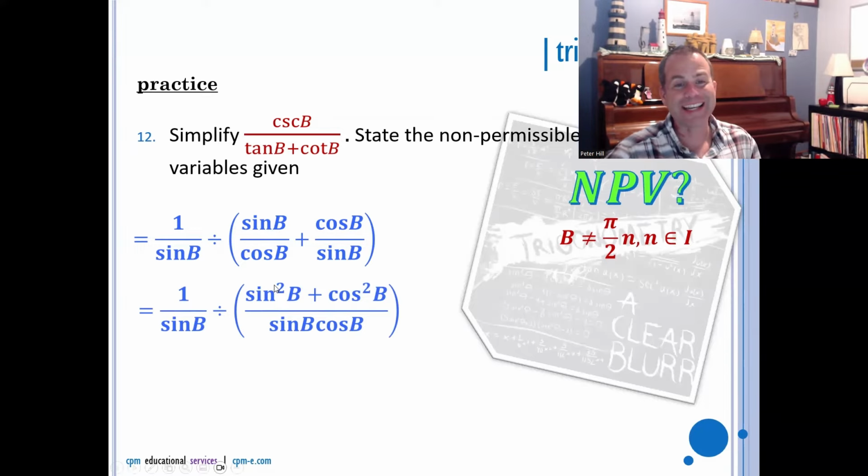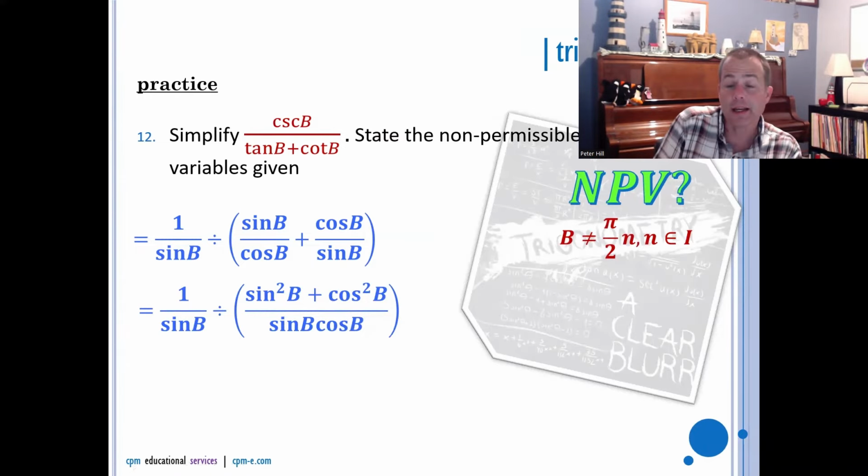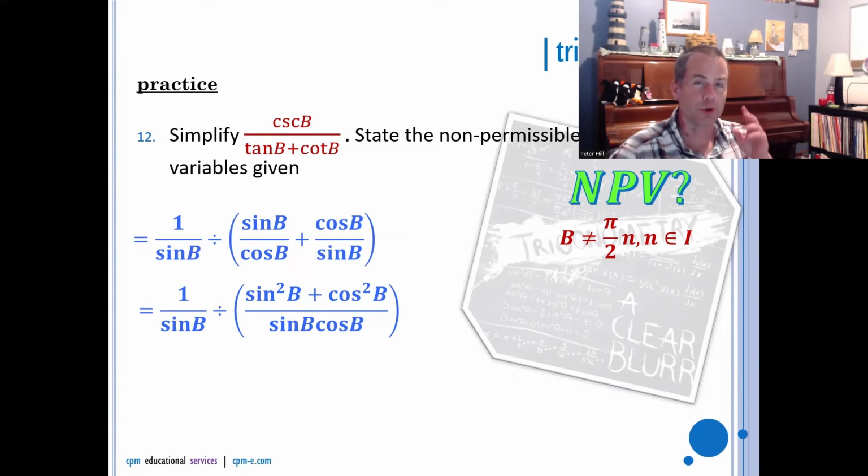So I can't change this to 1 right away, because right now the communication that I'm doing is that I'm getting a common denominator and this is what my common denominator is going to look like. The whole sine squared plus cos squared equals 1, that's going to have to happen in the next line. So just watch that you don't get so excited that you end up doing two things at once.